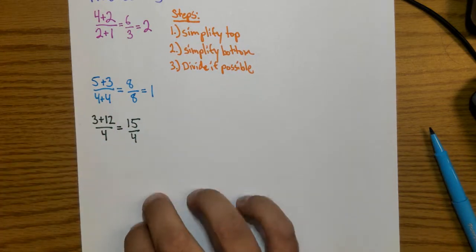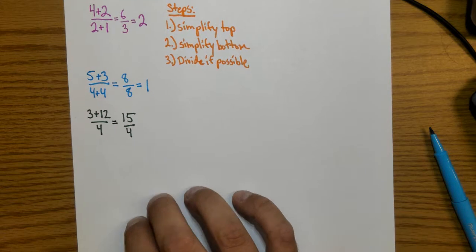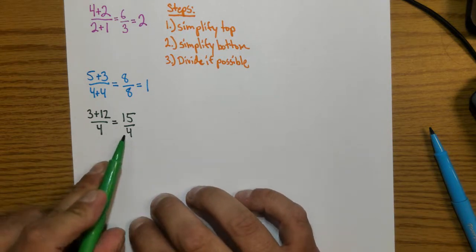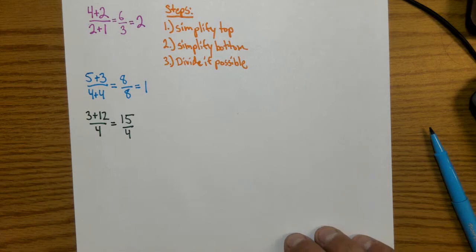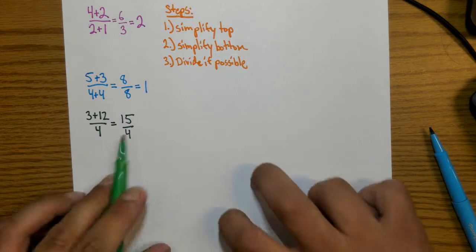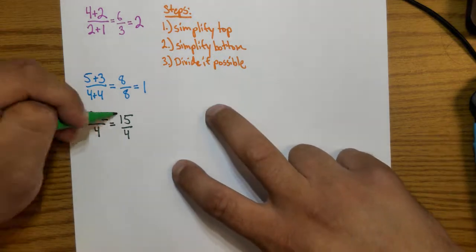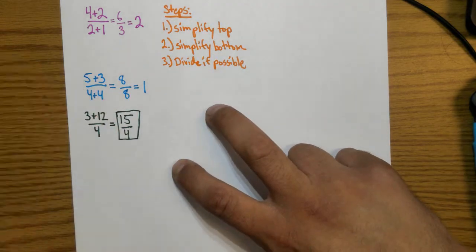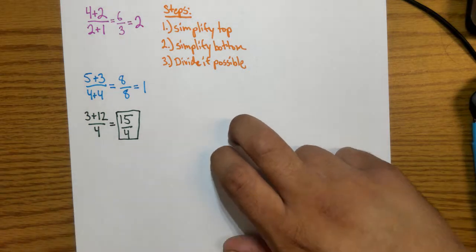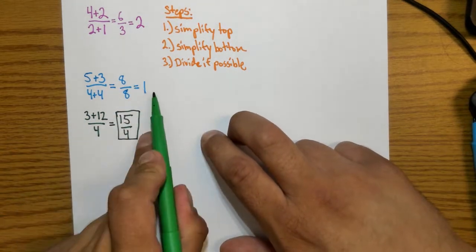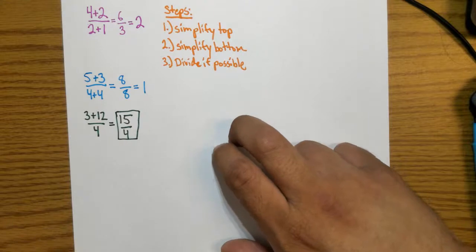Now let's think about what this is telling us mathematically. This is saying we want to take 15 and divide by 4. But we know that 15 isn't divisible by 4. So we're just going to leave our answer as 15 over 4. And that is okay. That is the most simplified we can get this. Sometimes they won't look as pretty as 2 or 1, and we'll just have to leave them as a fraction.